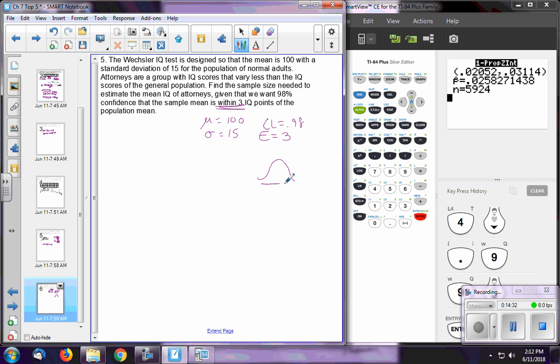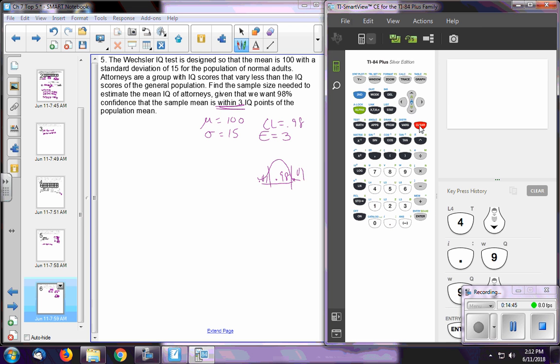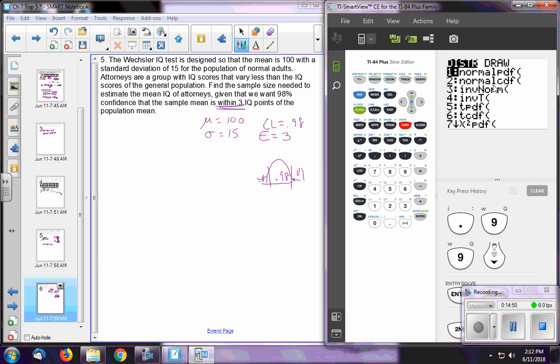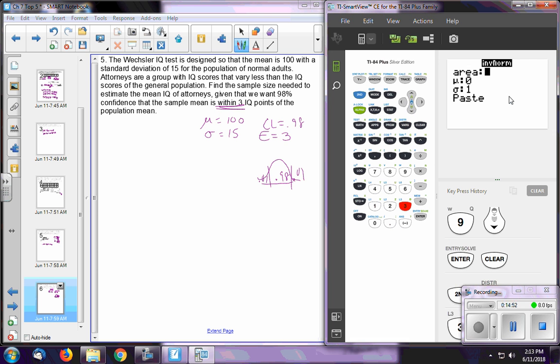So again, think about what the picture looks like here. That means if this is 98% in the middle, 2% left, so 1% in each tail. And to get this number, you can either use the table, your z-table specifically, or the inverse norm function in the calculator.